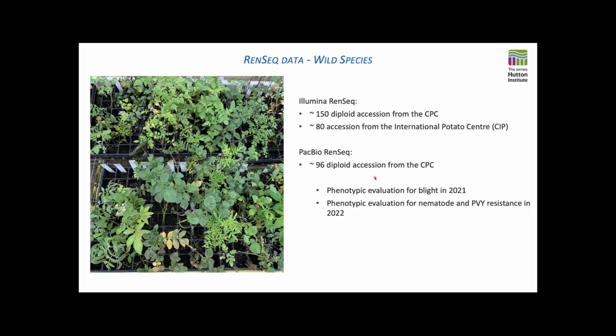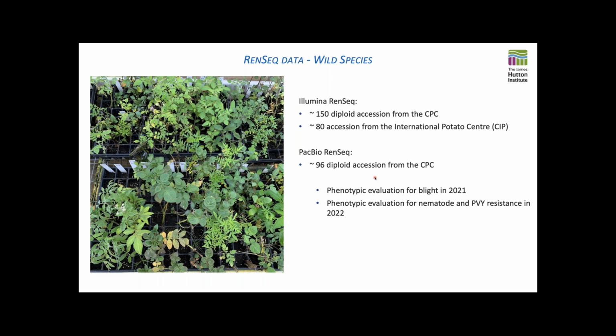So what we have done so far is Illumina-based RenSeq of 150 diploid accessions from the CPC, and also with colleagues at the International Potato Center in Peru and also in Asia, we've sequenced additional accessions for them. We've also conducted PacBio RenSeq, so far just shy of 100 diploid accessions from the CPC.